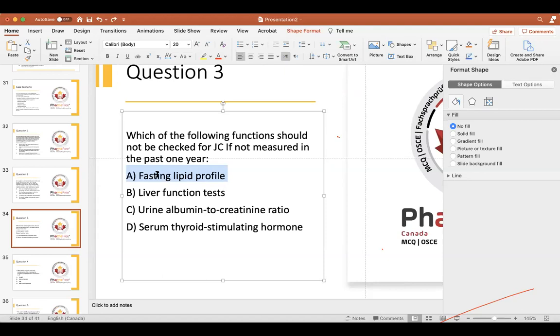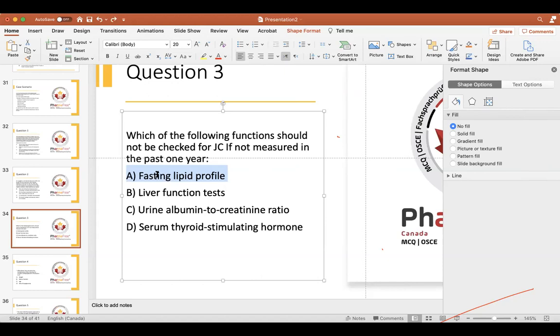Liver function test. Yes, we can do it because the patient is taking the heart medication. Urine albumin. Yes, because he's diabetic now, and he has to check the ACR, the albumin to creatinine ratio.